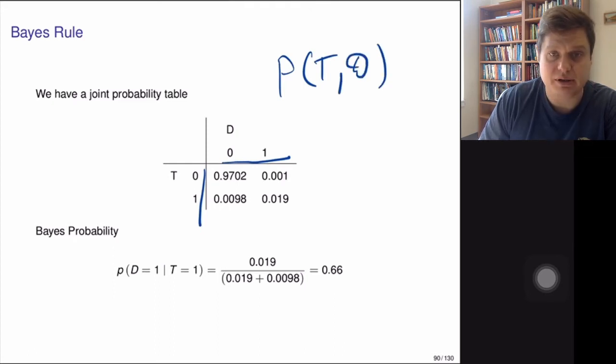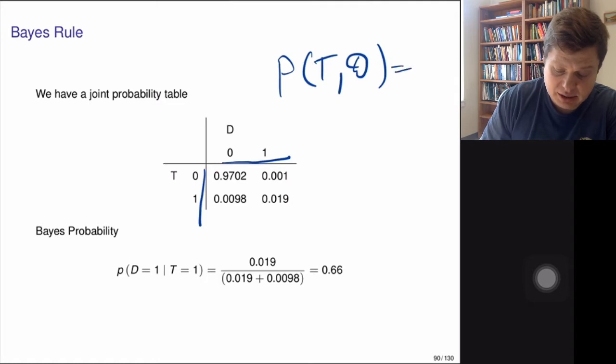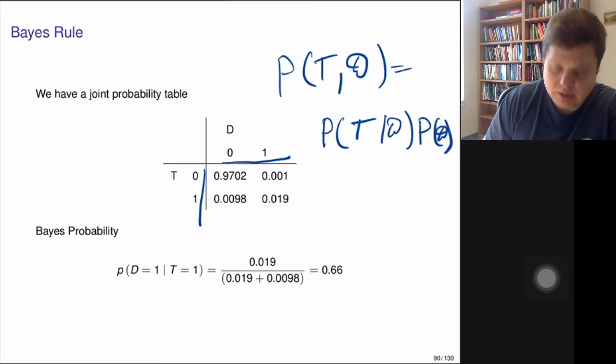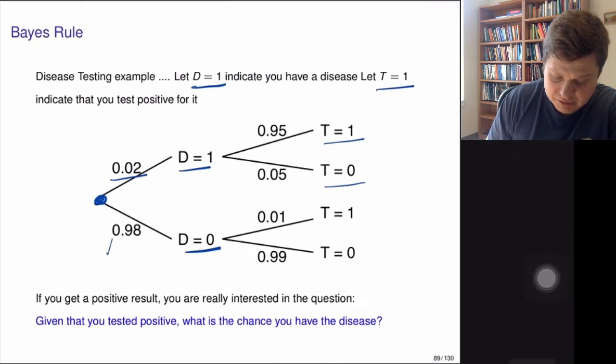So we have two values of d and two values of t variable, and the probability of t and d, so it's the probability that a person is tested positive and has disease, is, you remember, we can just write it down using conditional. It's the probability that a person tested positive given they have a disease times the probability that the person has the disease, right? Well, we know this one, the probability of t given d from the previous slide.